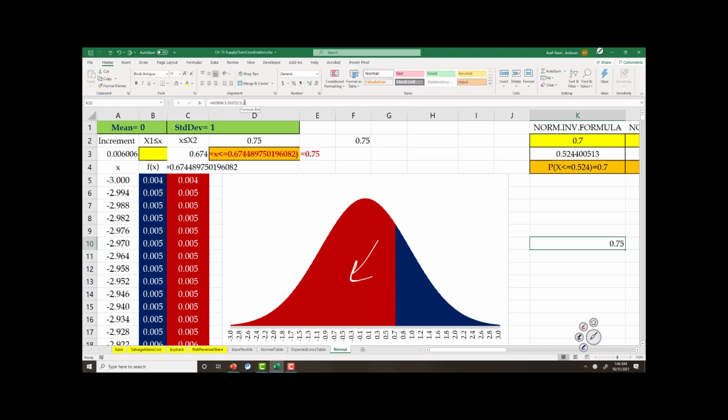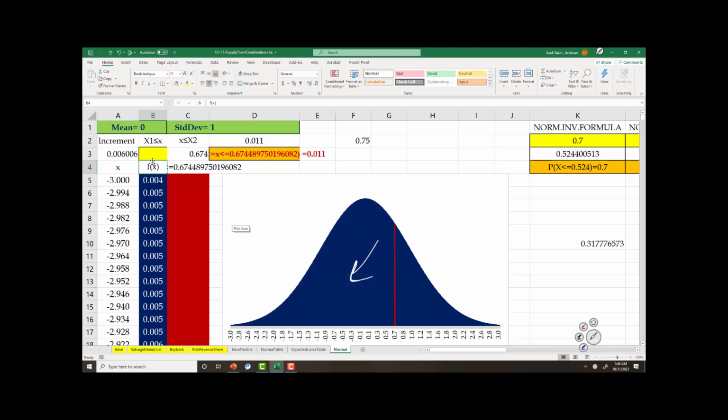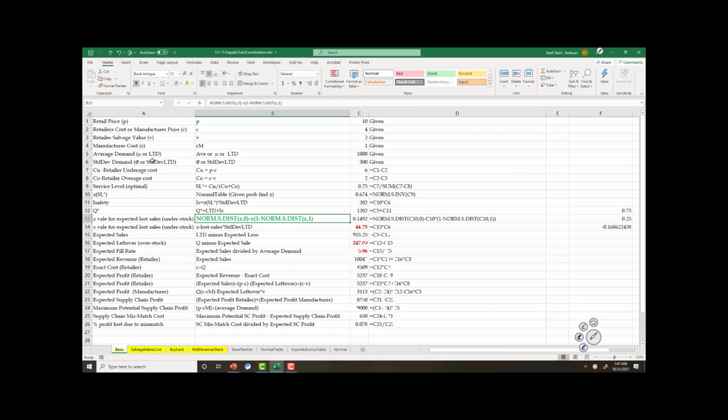If I enter 0, what is it? It is the height. It is this height. If I enter 1, it will give me this probability. But if I enter 0, it will give me the height of the curve at that point. We are not responsible to prove it. We just understand what those pieces mean.